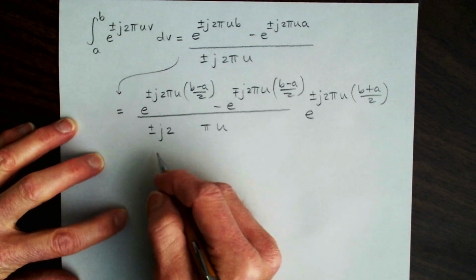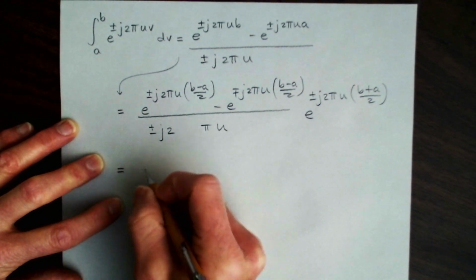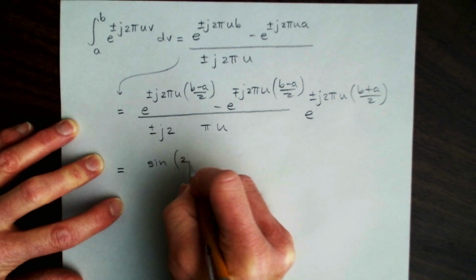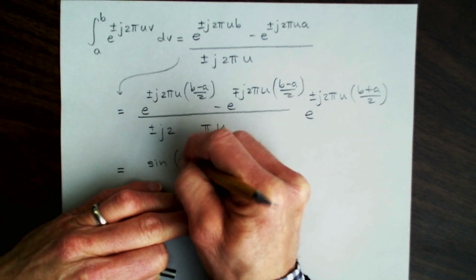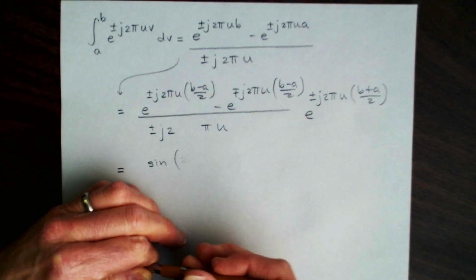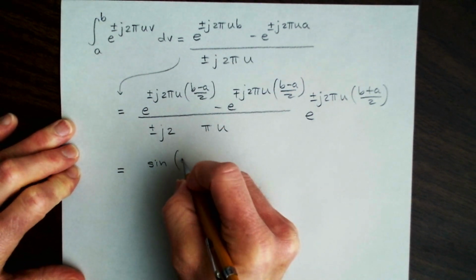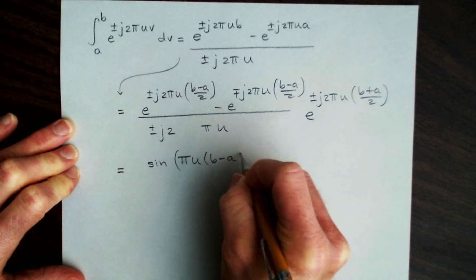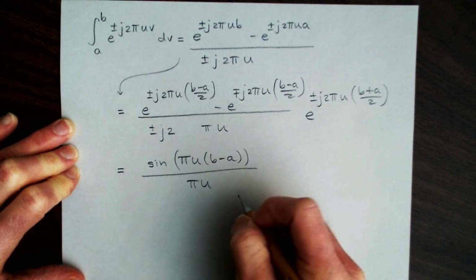And with that trick, we can write this down as sine. Well, actually, I guess I can cancel the 2 in the exponent, because I have a 2 and a divide by 2. So this will just end up being sine of pi u times b minus a, divided by pi u.